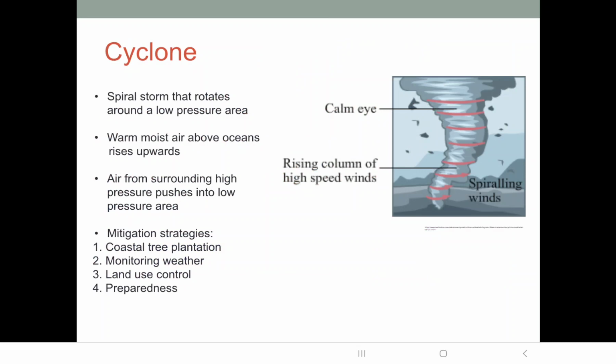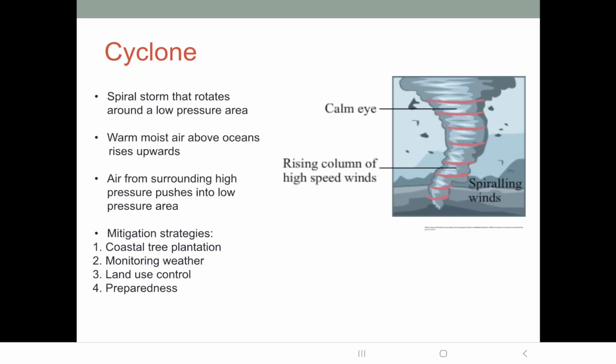Having understood earthquakes, now let us look at another disaster, which is cyclone. Can you see the cyclone? It is nothing but spiraling wind. The height of a cyclone is huge, and the width is also huge.